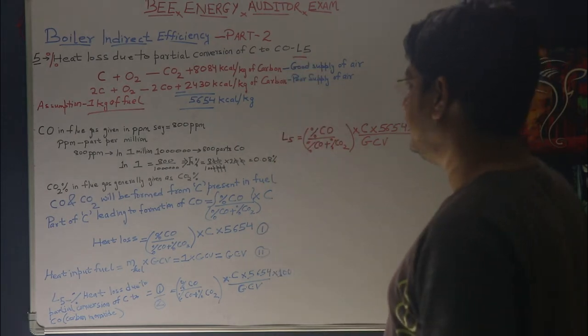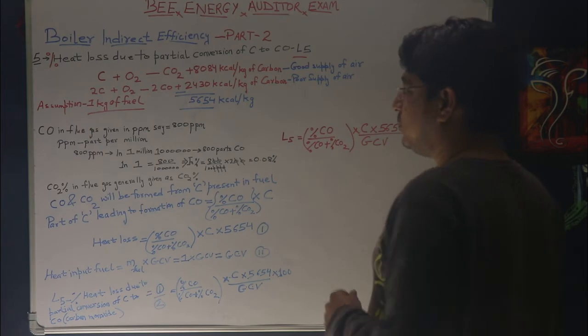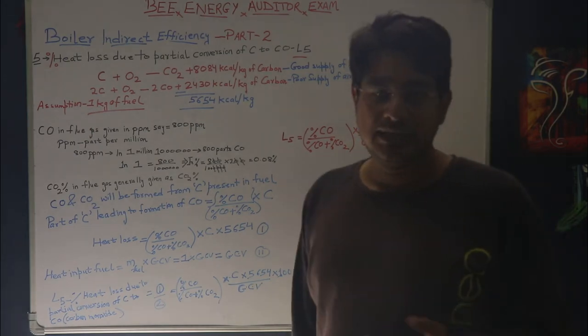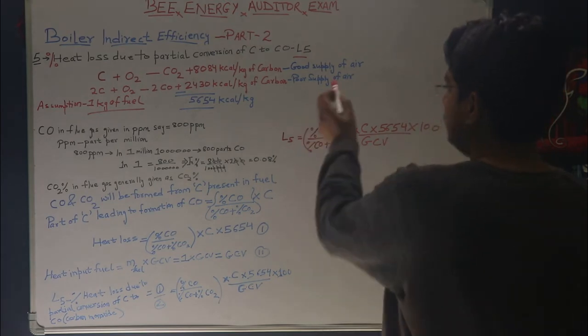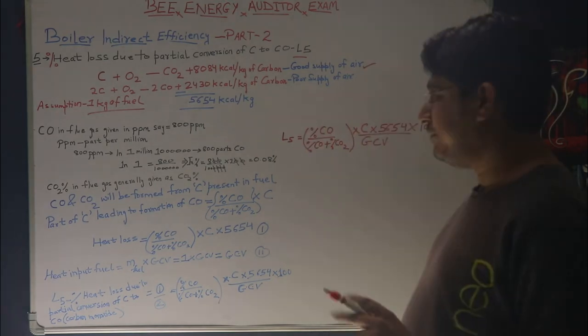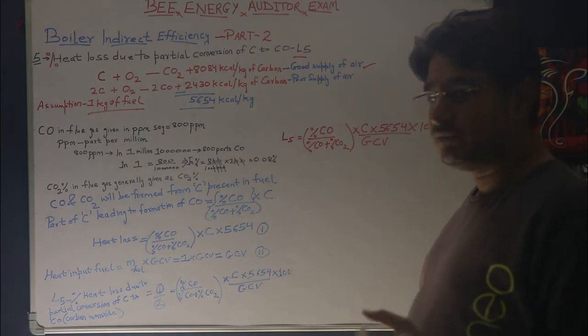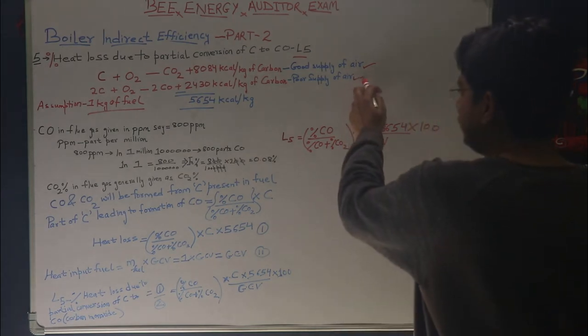So before proceeding forward, you must be aware that carbon takes part in the combustion in two ways, that is when the supply of air is sufficient and when the supply of air is not sufficient, that is in poor supply of air.